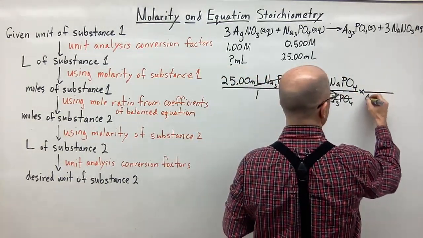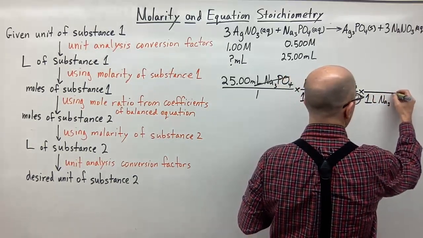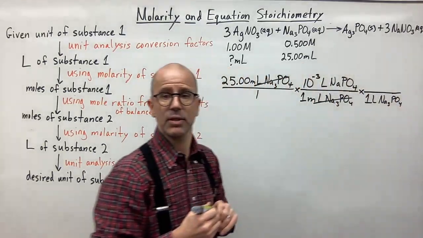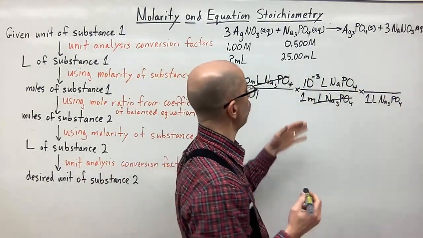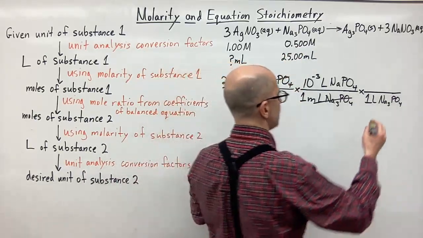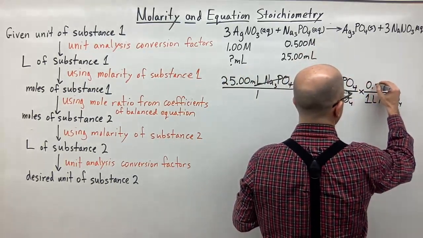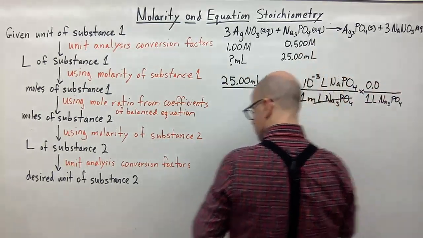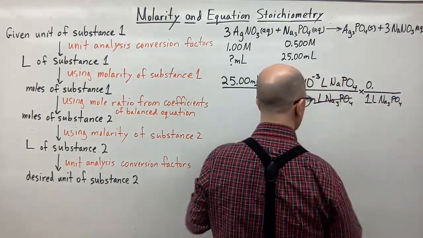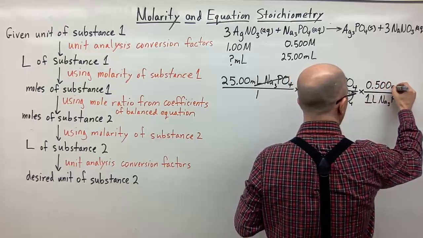So that's going to be 1 liter of the Na3PO4 solution, and on top is going to be the moles. Well, how many moles? 0.500 moles, because that's the definition of molarity. So 0.5 moles.